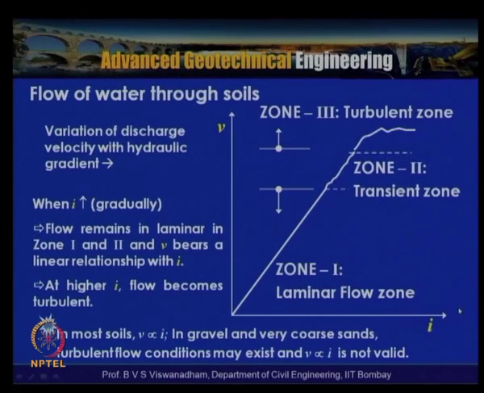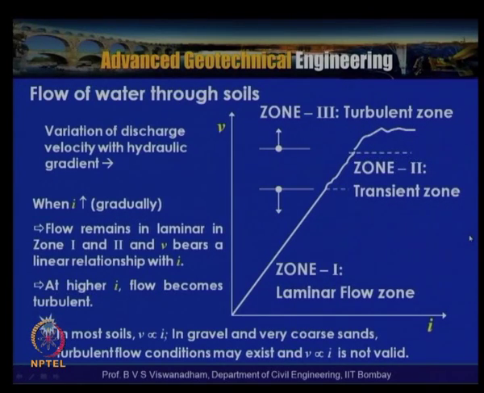So, as the hydraulic gradient increases gradually, the flow remains laminar in zone 1 and zone 2 mostly, and V bears a linear relationship with I. At higher hydraulic gradients, the flow becomes turbulent.